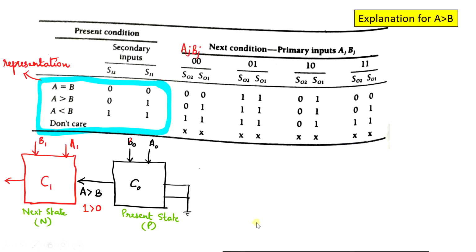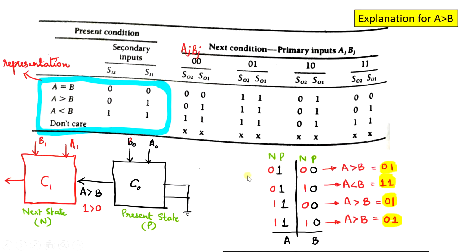So I am going to write the present state, that is 1, 0, in black color to indicate that this is the present state, and the next state can have the 4 possibilities shown here: 0, 0, 0, 1, 1, 0, 1, 1. Those 4 possibilities I have represented in the red color.